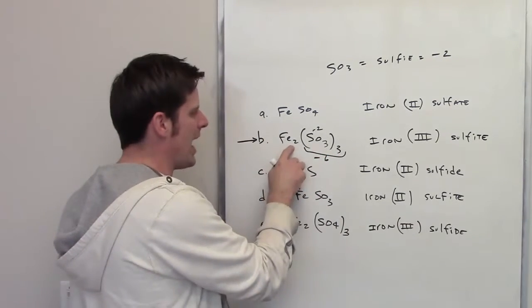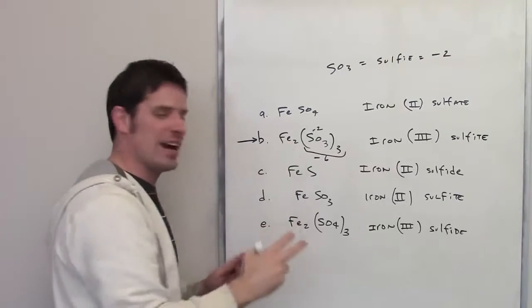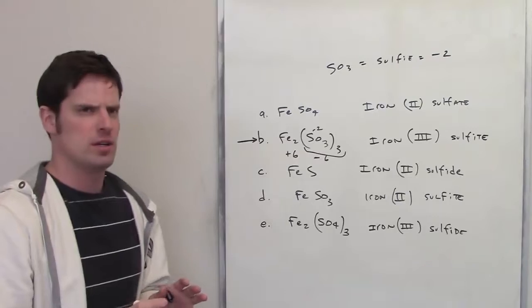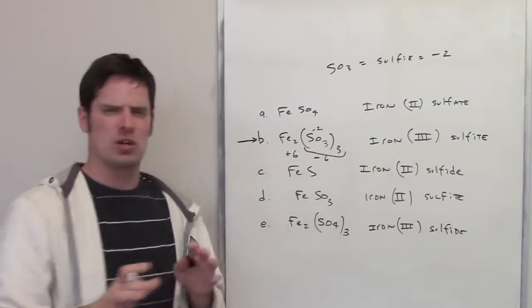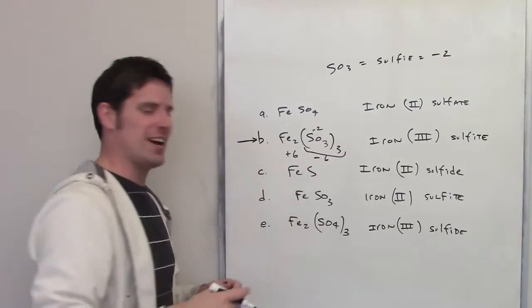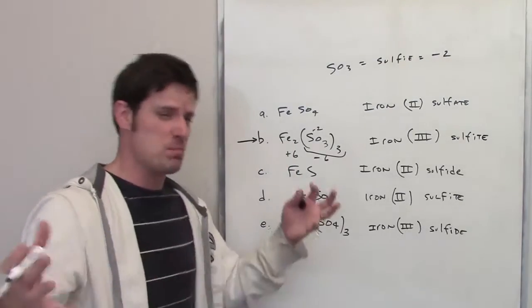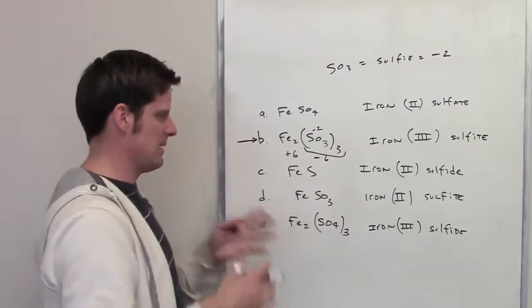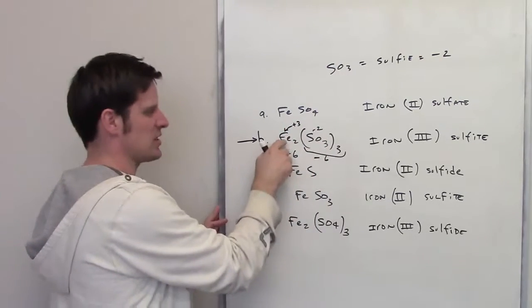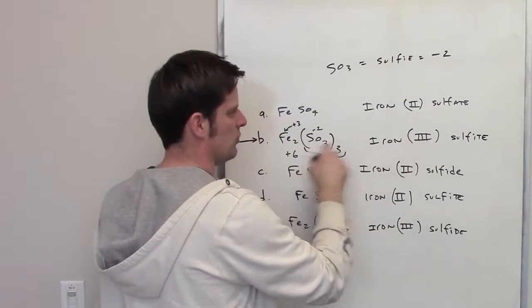So I've got 2 irons, and those 2 irons together have to equal a plus 6 charge in order to counteract that negative 6 charge. Does that make sense? So what does the overall charge of each of those individual irons have to be? Since there are 2 of them and combined they have to equal plus 6, each of them individually is plus 3. So this is iron(III) sulfite.